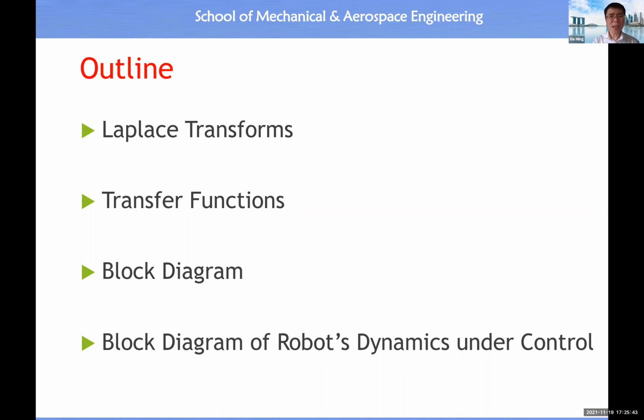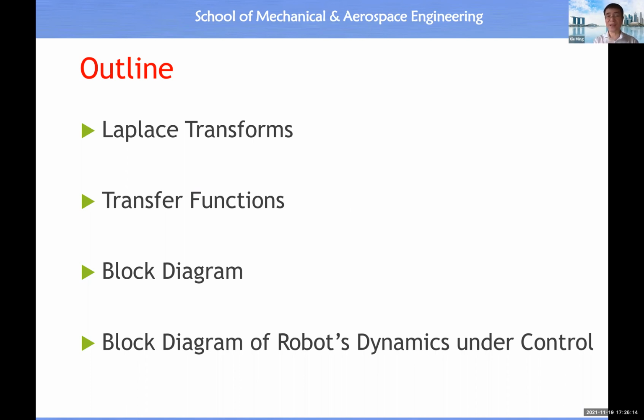Why do we need to use the Laplace transform? The first motivation is to simplify the solution to differential equations. In lecture 2, you remember the first section showed you the dynamics equation at the robot joint.